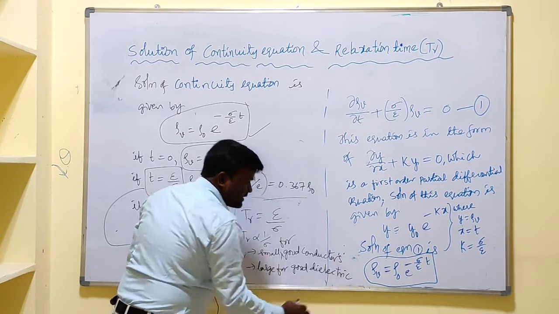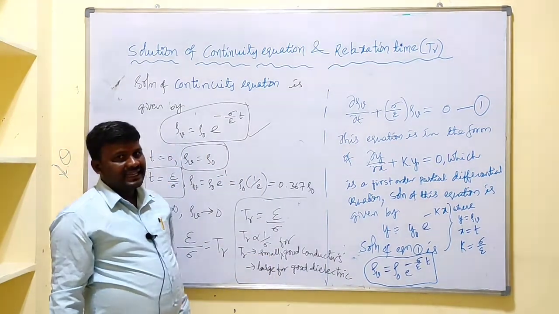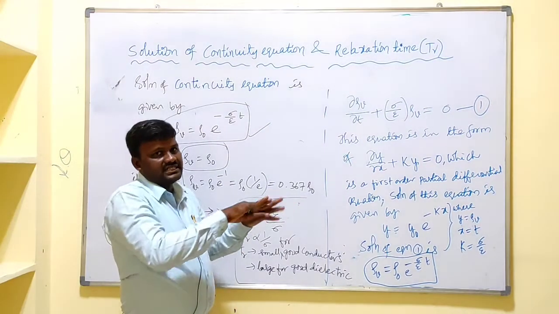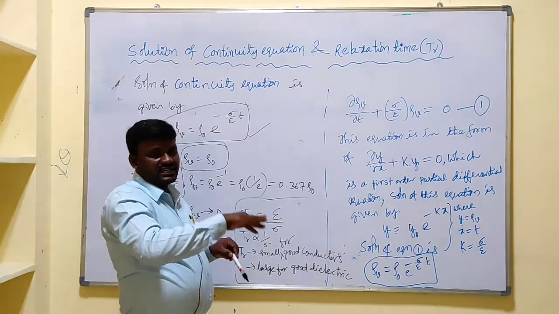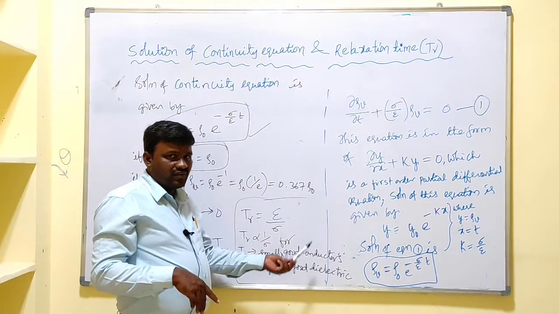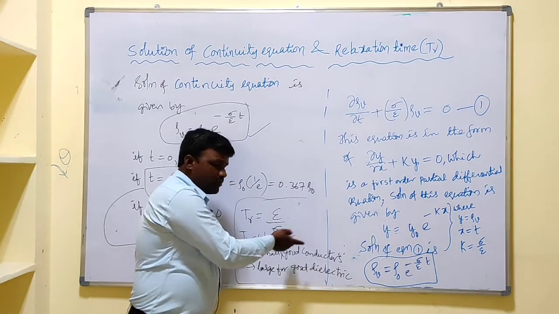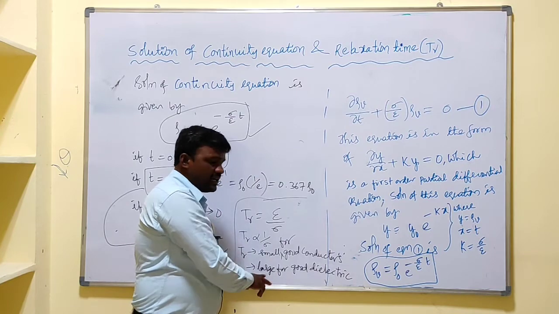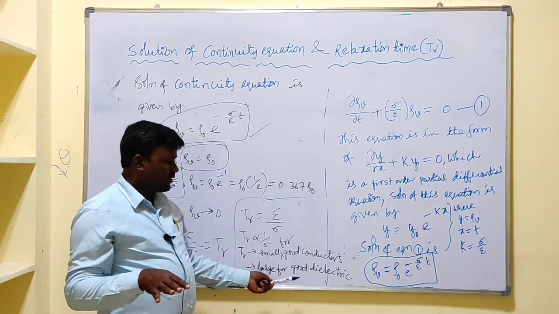Good dielectrics means what? If the charge is placed in the interior of the good conductor, in that case spreading effect of that charge, or decrement of that charge within that given volume, is fast. Means spreading effect is more for the good conductor, whereas spreading effect is less for good dielectric.